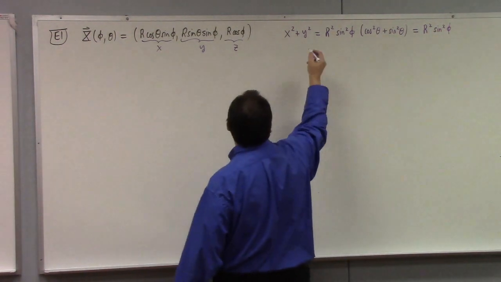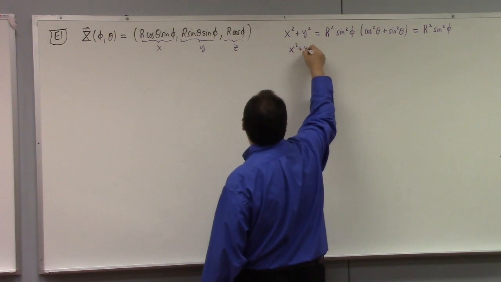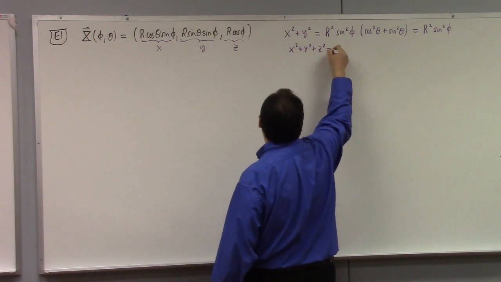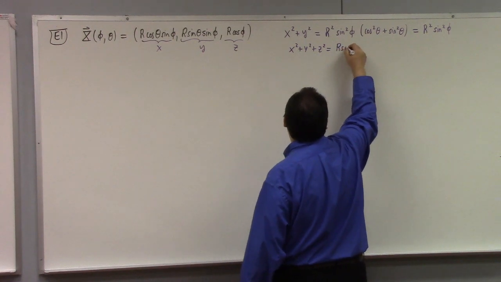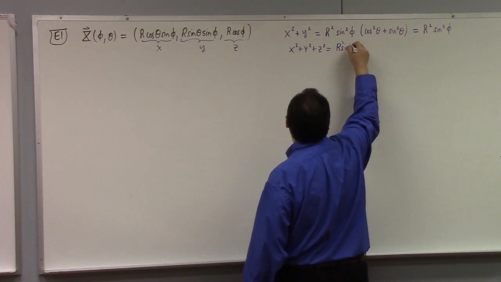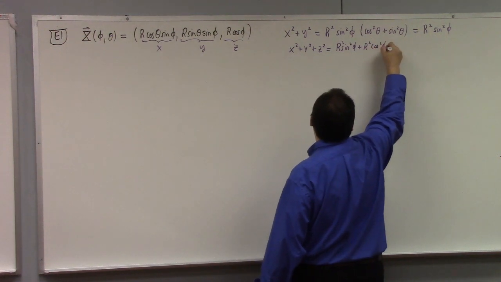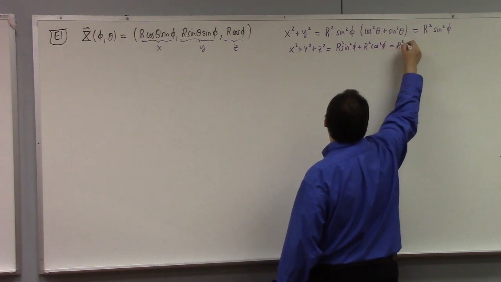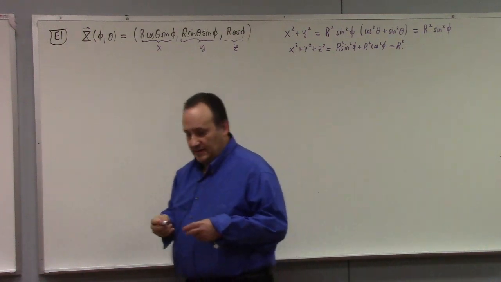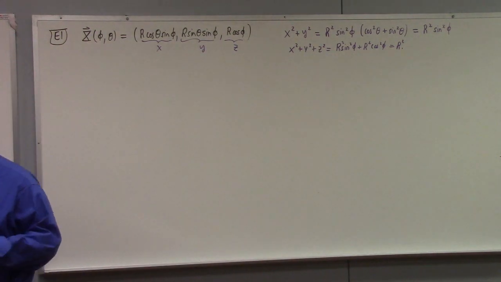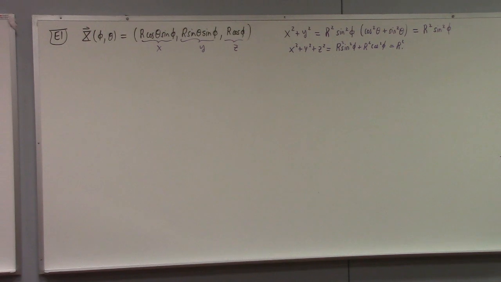And what happens when you add z squared to that? Lo and behold, we get r squared. Hooray. So indeed, this is a parameterization of the sphere of radius r.